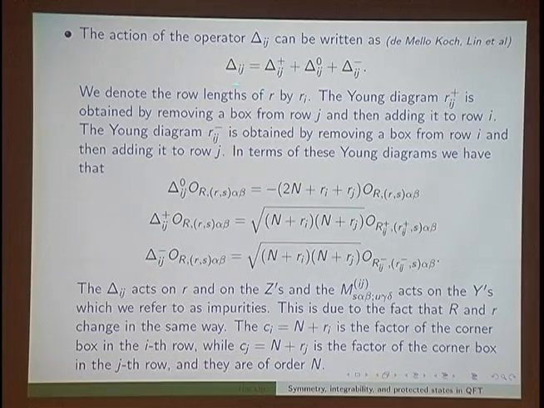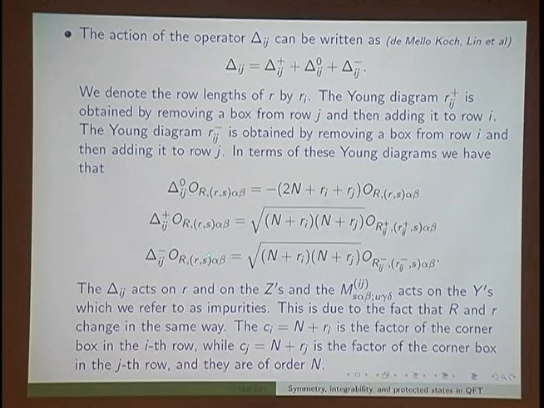Then one can see that this delta_ij can be written as a sum of three terms. So these are operations acting on the space of Young diagrams. The delta_0, when acting on the Young diagram, is proportional to the identity with a certain coefficient. And delta_plus, when acting on the Young diagram, will move one corner box in a row j and put it in the row i as a corner box.